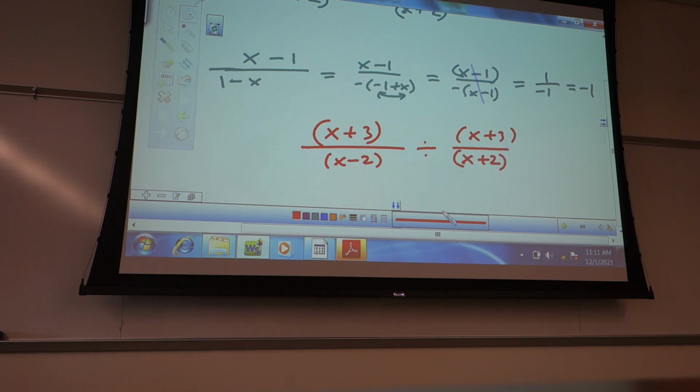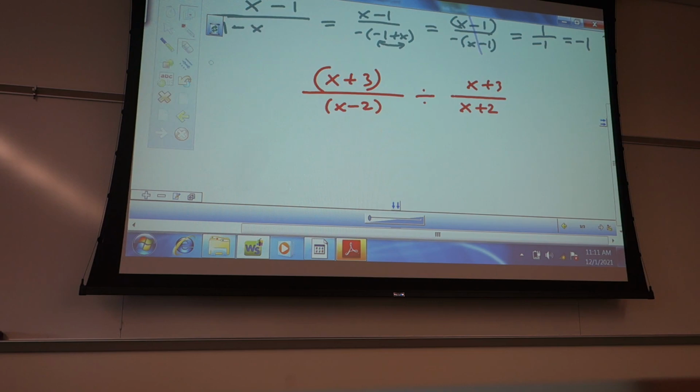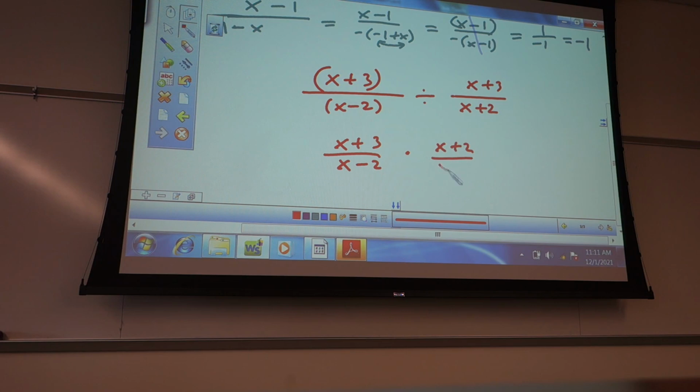We also talked about how I can take the parentheses away. Dividing by a fraction is the same as multiplying by its reciprocal. So this is the same thing as multiplying by x plus 2 over x plus 3.